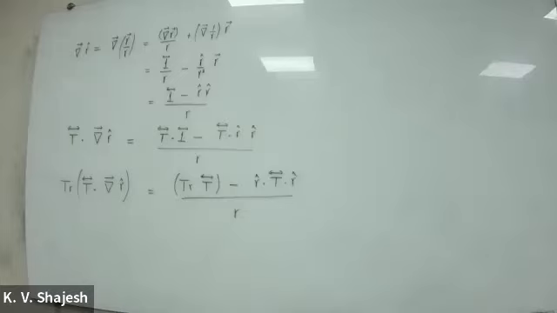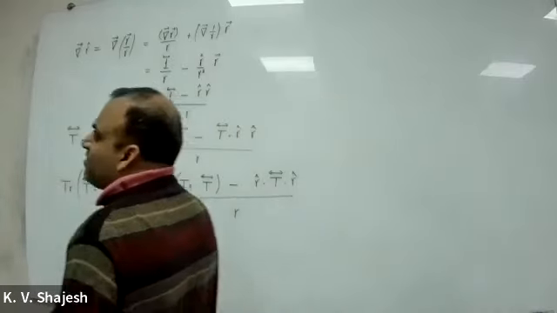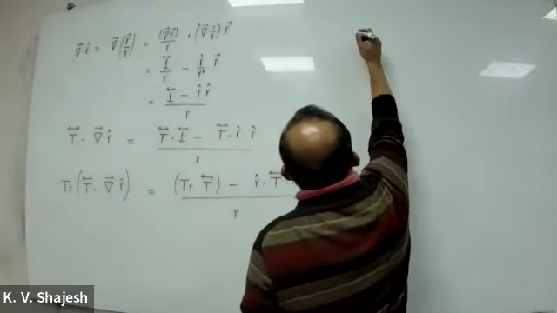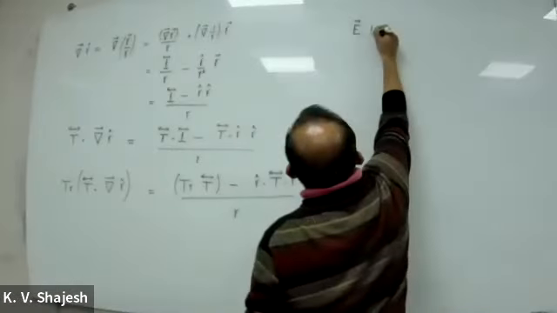How much is that? So let's go back, and since the flux of momentum has its energy density, let's calculate U once and for all. So let's calculate E times D, right? And the trace of that will be U, right?